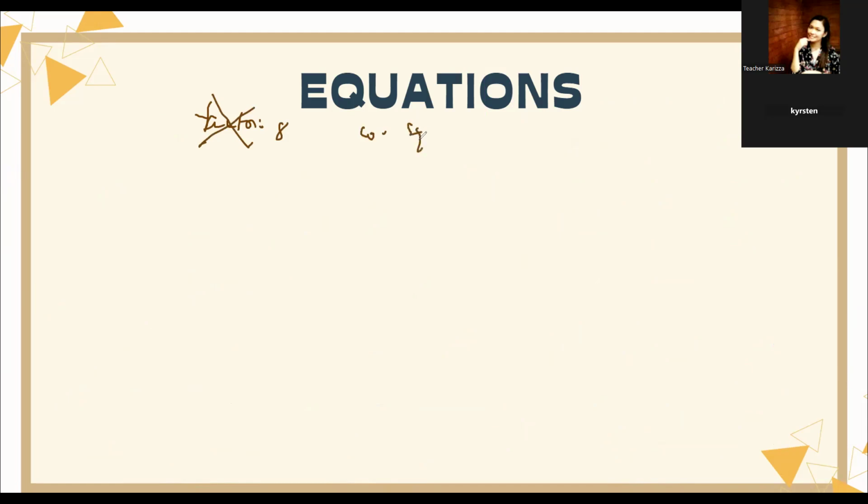Completing the square doesn't work. So, ang last resort mo is using your quadratic formula. Earlier I was using quadratic formula to mean quadratic equation, but yeah. So, this is your quadratic equation: ax squared plus bx plus c is equal to 0.